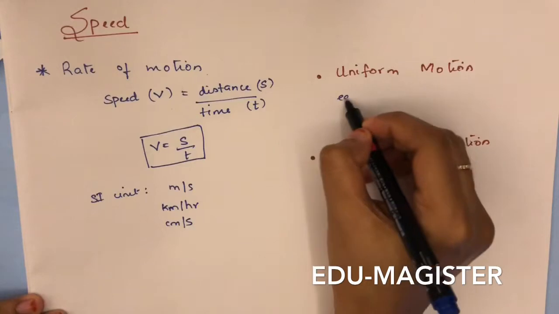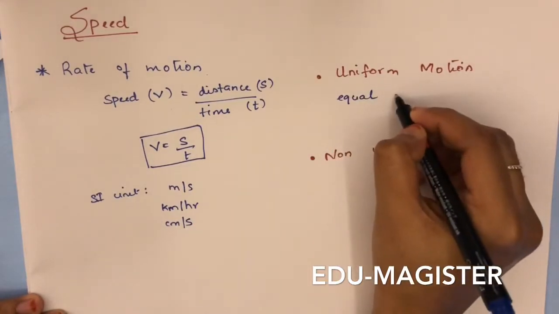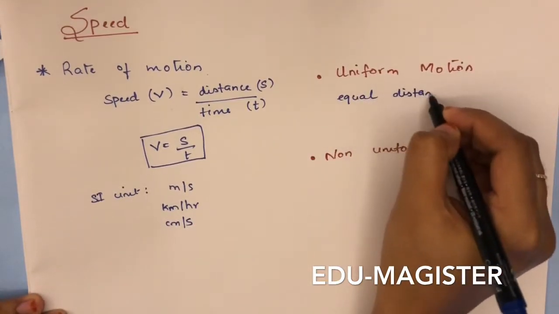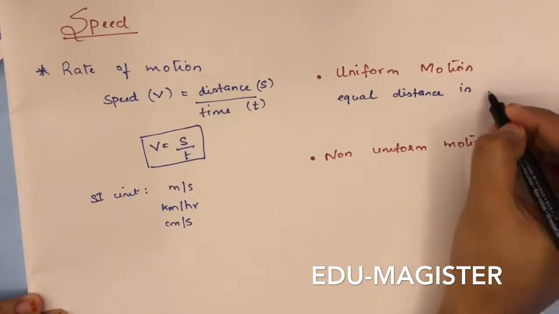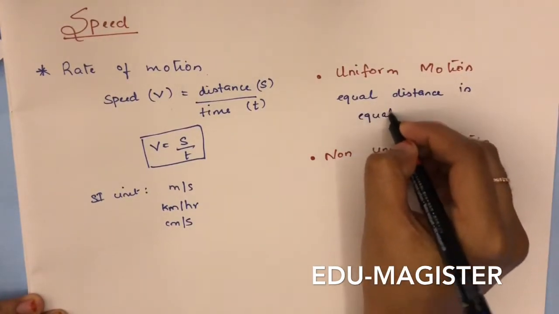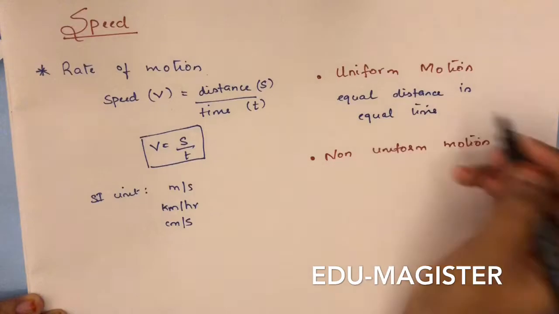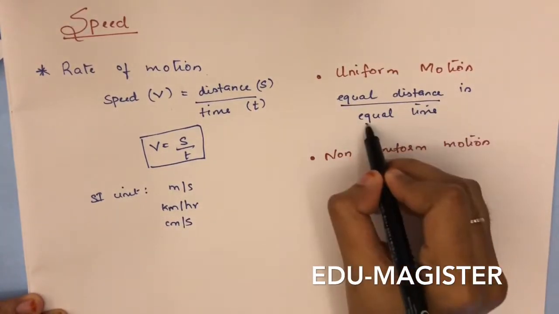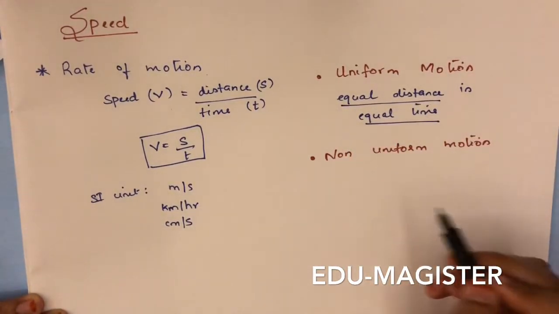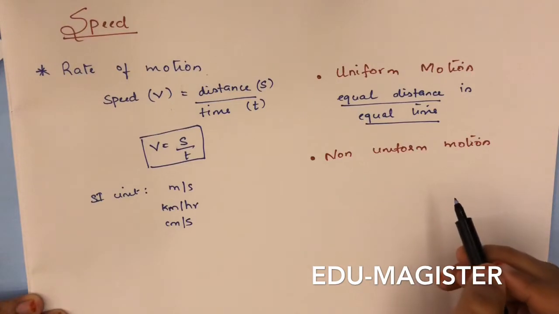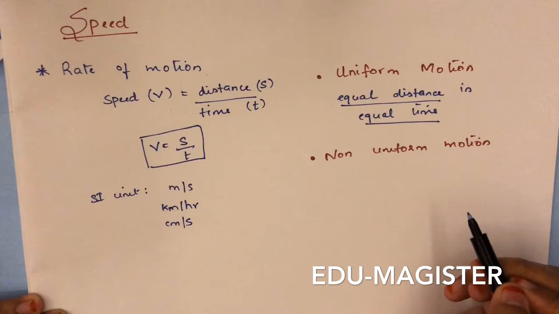Uniform motion is when the object covers equal distance in equal intervals of time. Equal distance in equal interval of time. So what would be non-uniform motion? That is when an object does not cover equal distance in equal intervals of time, right?